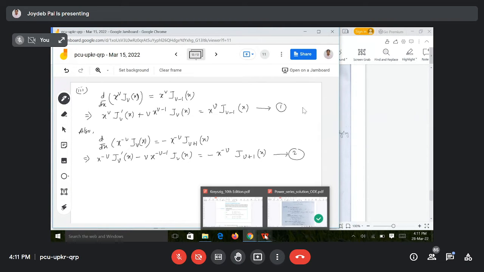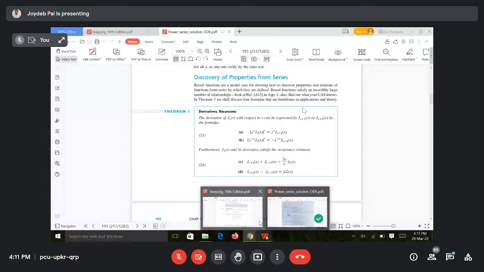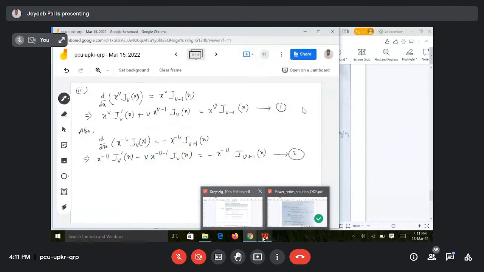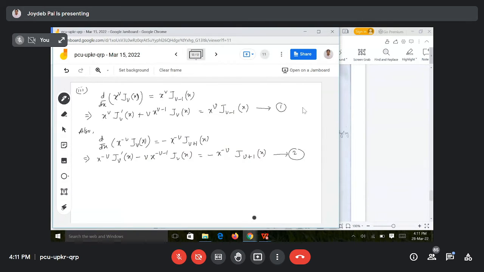Okay. Now you have to see what we are going to prove. You see property number C, J nu minus 1 plus J nu plus 1. And another one, property number D, it is J nu minus 1 minus J nu plus 1. So what I will do, from the first, I am dividing equation number 1 by x to the power nu.